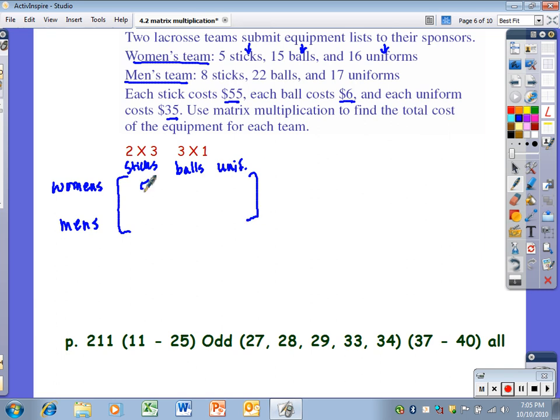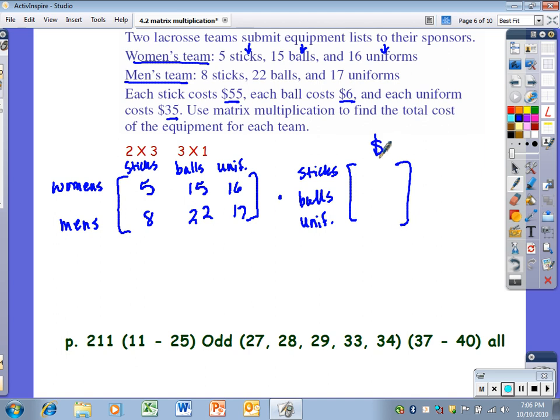Women, 5 sticks, 15 balls, 16 uniforms. Men, 8 sticks, 22 balls, 17 uniforms. And I'm going to multiply that by sticks, balls, uniforms, the 3 pieces of equipment, by each dollar value: 55, 6, and 35.